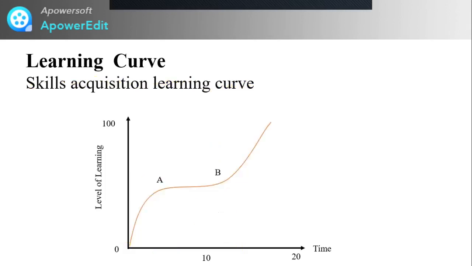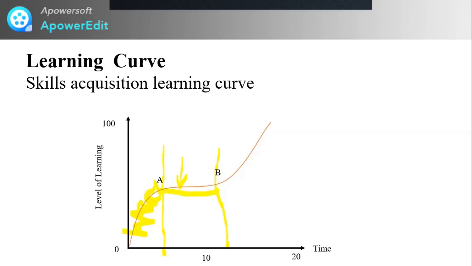The third one is the skill acquisition learning curve. In the first part, you obtain new knowledge, skills, and attitudes, and you spend the time to acquire them. In the second part, you try to apply your knowledge, skills, and attitudes. Spending months or years, you realize the reality of your knowledge and skills.